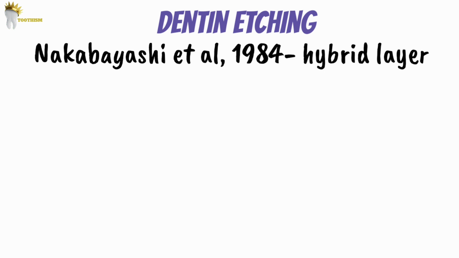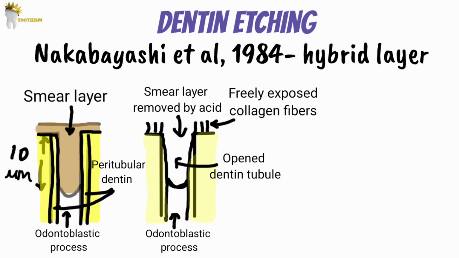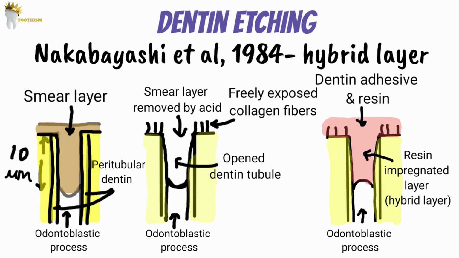Then, a study by Nakabayashi et al. in 1984 revealed that when dentin is etched, acid demineralized collagen fibers are produced and hydrophilic resins can infiltrate this etched surface, and it can form a layer of resin infiltrated dentin with high cohesive strength. Such a hybrid layer structure forms a very strong resin bond.